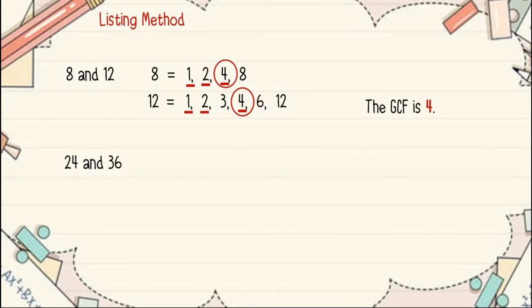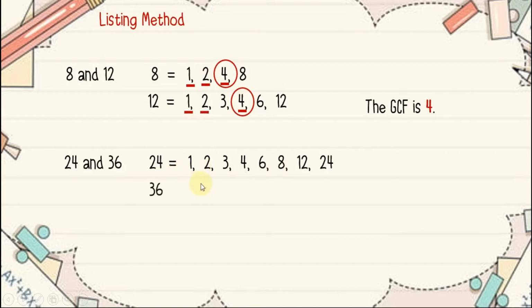Another example, 24 and 36. So let's list the factors of 24. We have 1 and 24, 2 and 12, 3 and 8, and 4 and 6. Those pairs of numbers have the product which is 24.